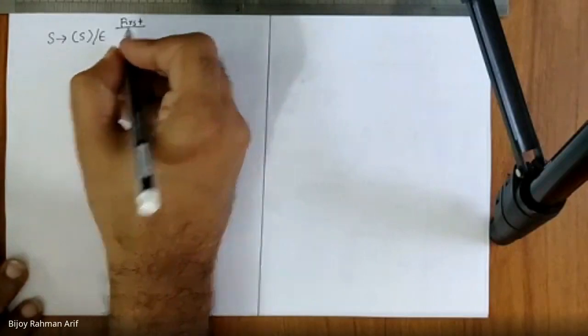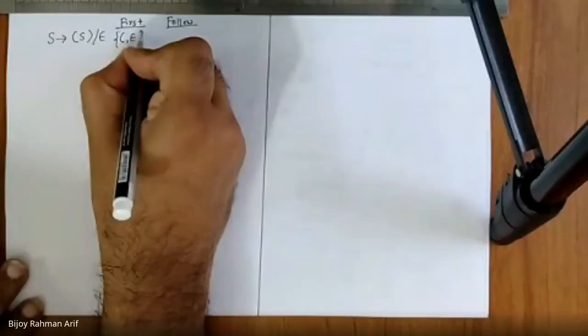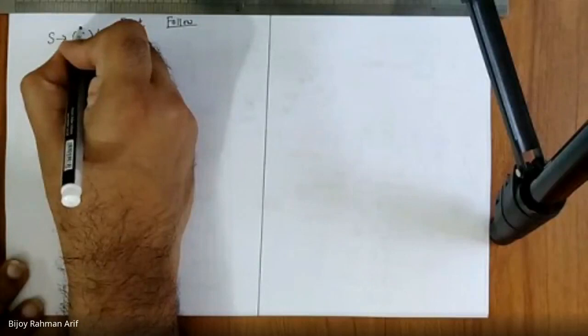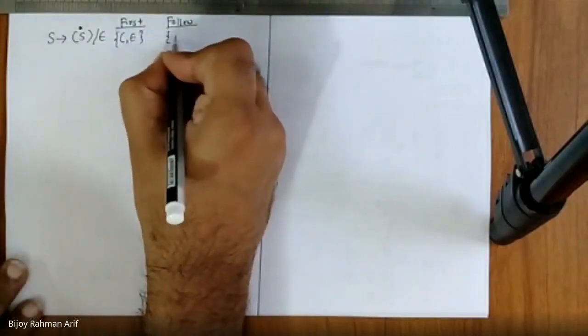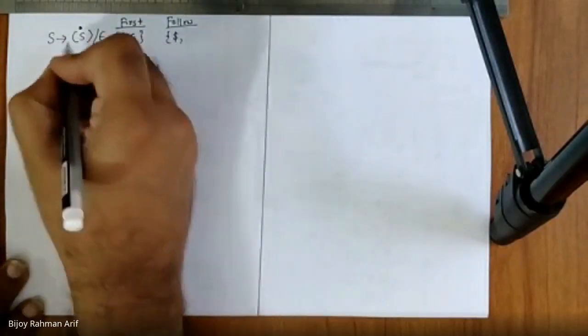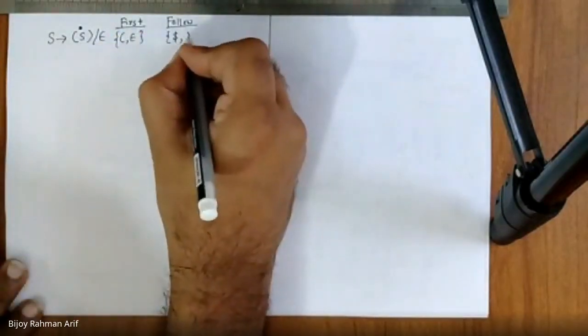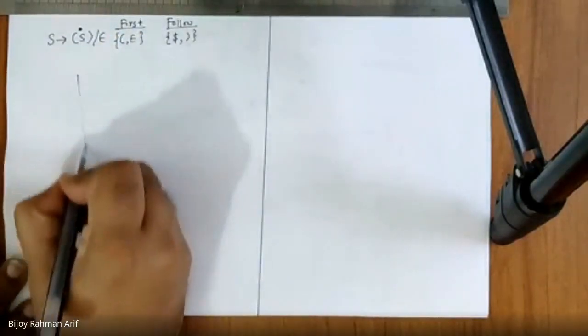What is the first of S? Open parenthesis and epsilon. What is the follow of S? S appears here, and definitely, since this is the start symbol, I have a dollar and I have a close parenthesis. Now let's create the table.